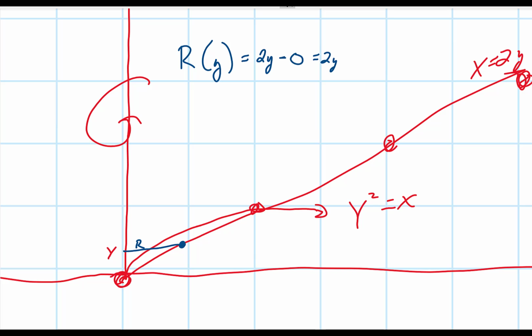And then our little r, our shorter distance, is going to be the distance from this curve, y squared equals x, back to our axis of rotation. So it's just going to be y squared minus 0, which is y squared.